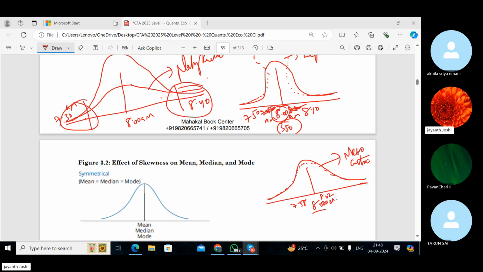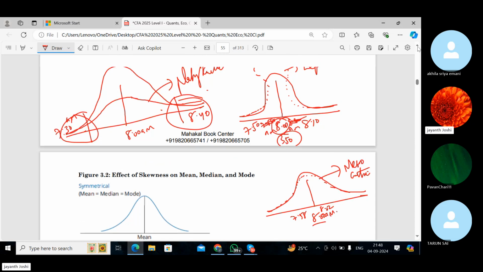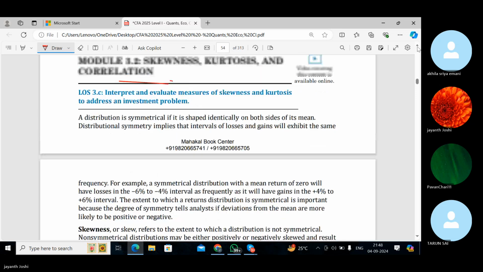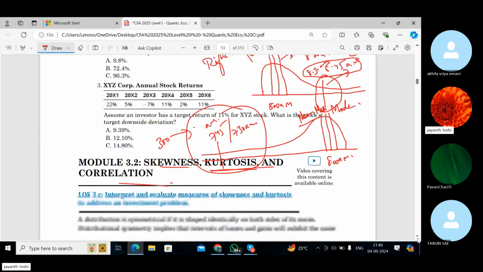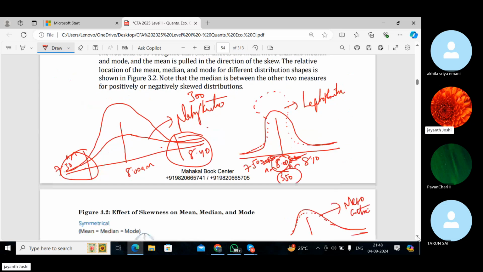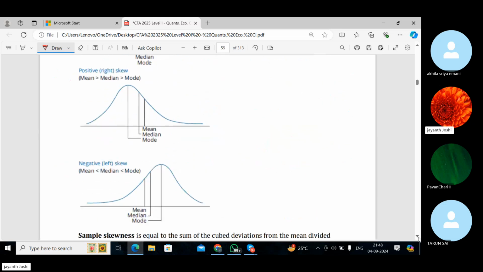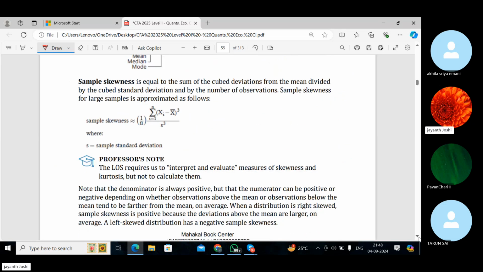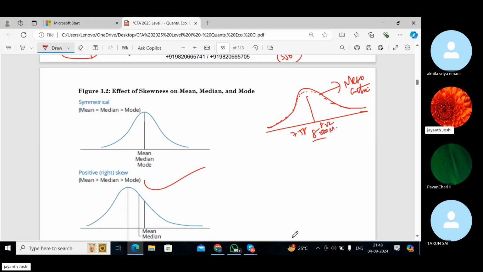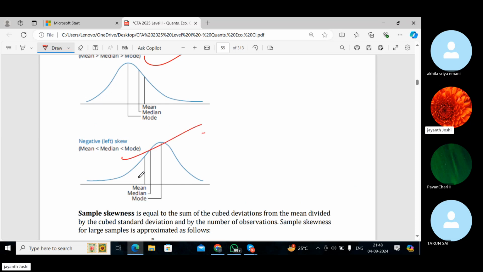Okay. So here you can see what kurtosis does. I will show you the definition as well. I explained it rightly, but if you see the statement, you will try to understand that. So here it is positively skewed, negatively skewed, symmetrical, then negatively skewed.